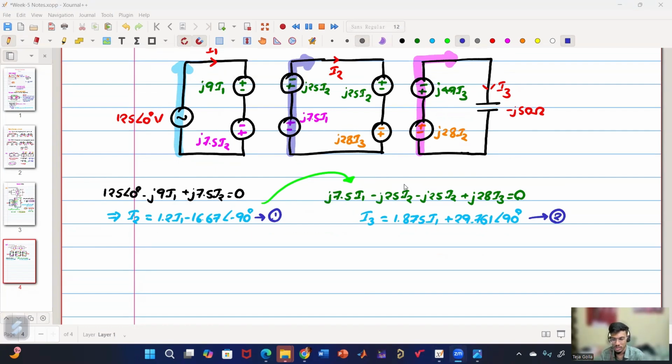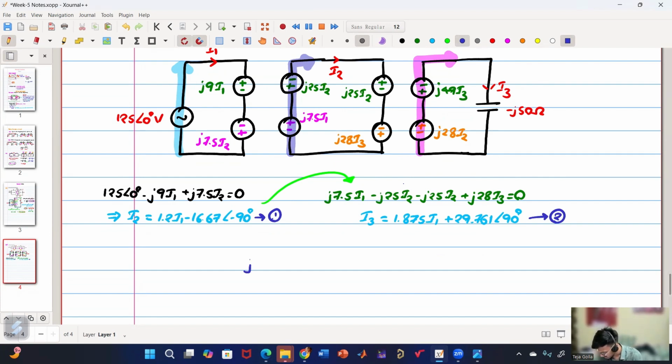Now, in loop 3, what will be the expression? J28 I2, whether it will be plus or minus? Plus.